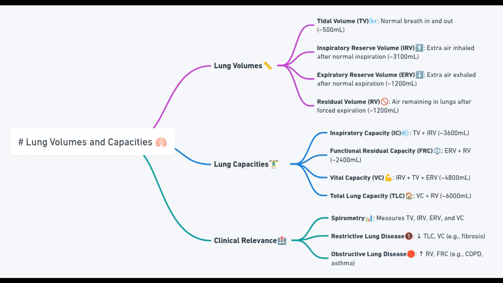And also the functional residual capacity being the amount of air remaining in the lungs after normal tidal expiration, the combination of the expiratory reserve volume and the residual volume.